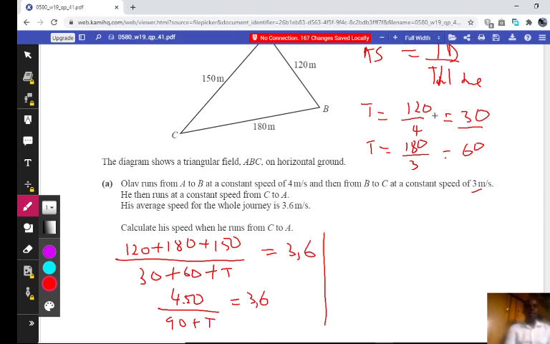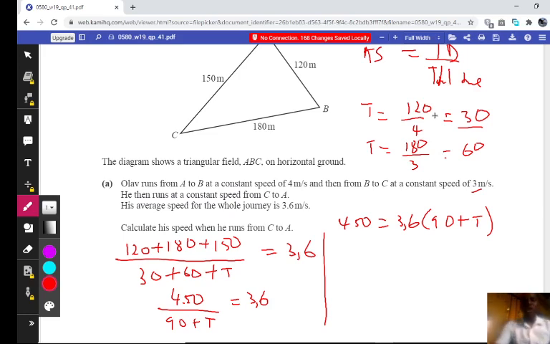Then cross multiply, it will be 450 equals 3.6 times 90 plus T. Then you can remove brackets by 3.6, or you can just divide by 3.6. 450 divided by 3.6, what do you get?